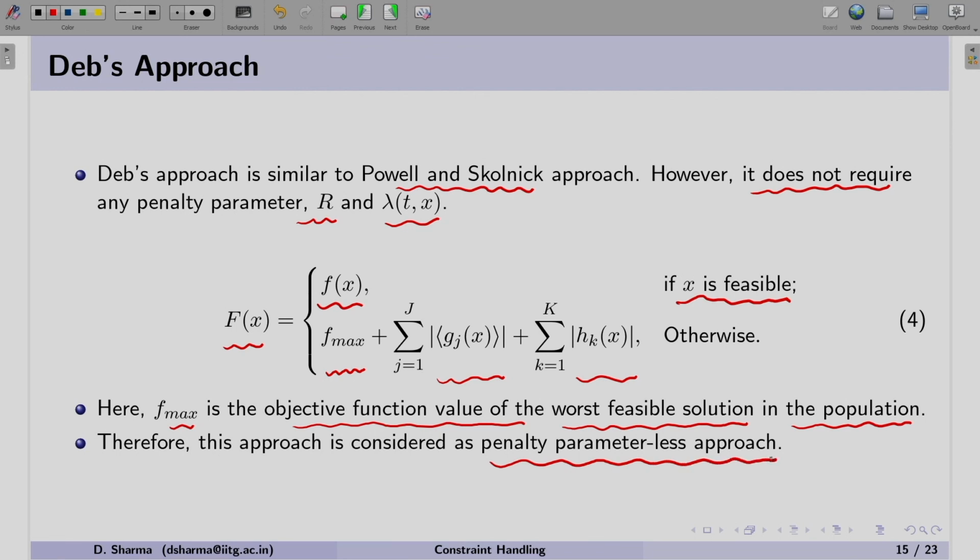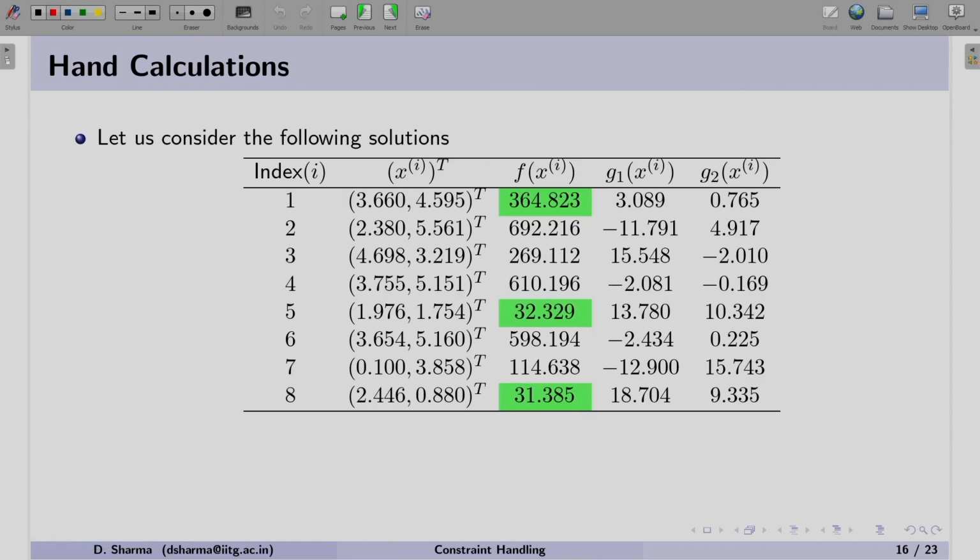This is also one of the famous constraint handling techniques for evolutionary computation techniques. So, let us see how this method works. We are going to take the same set of solutions which we considered in our previous case.